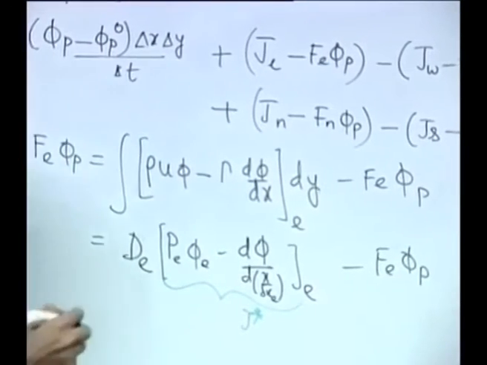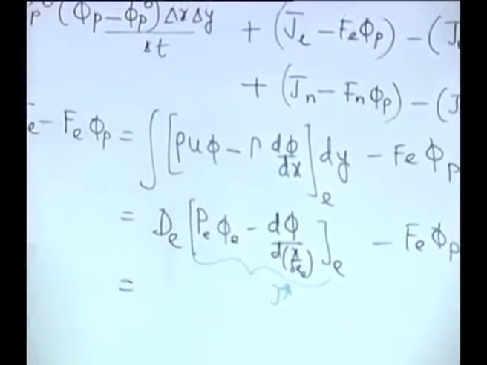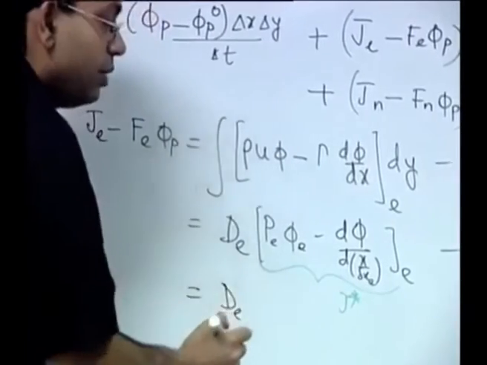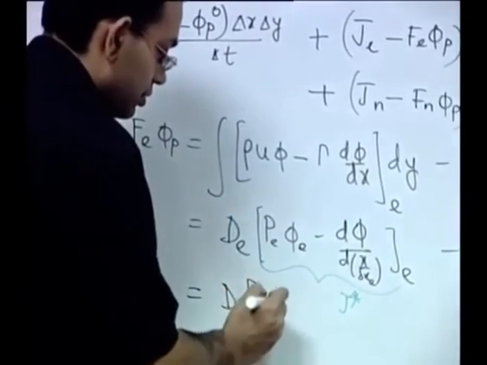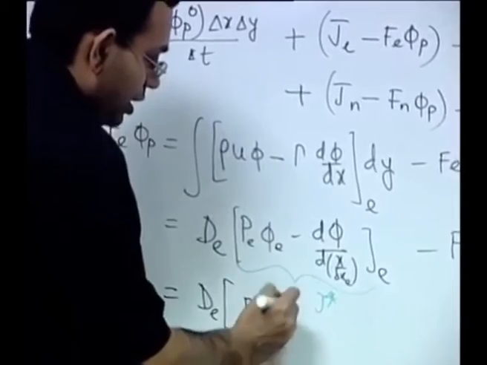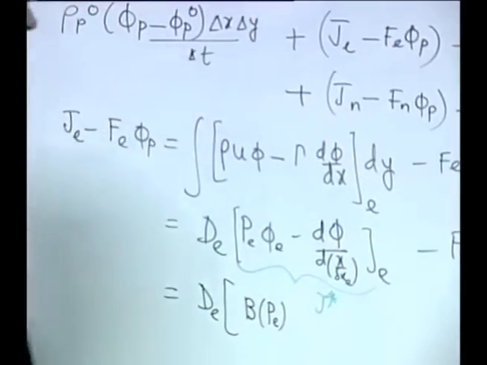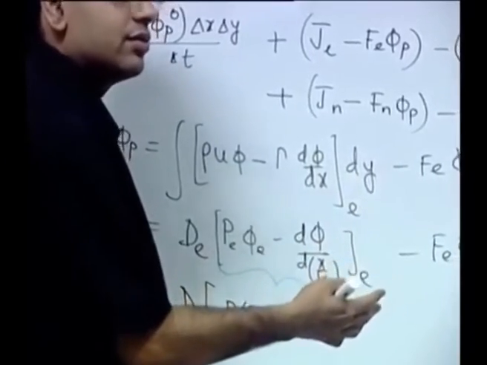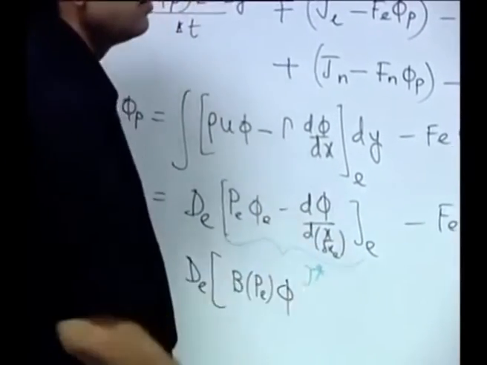Next, we can write J star as B of Pe phi I minus A phi I plus 1. What is I?